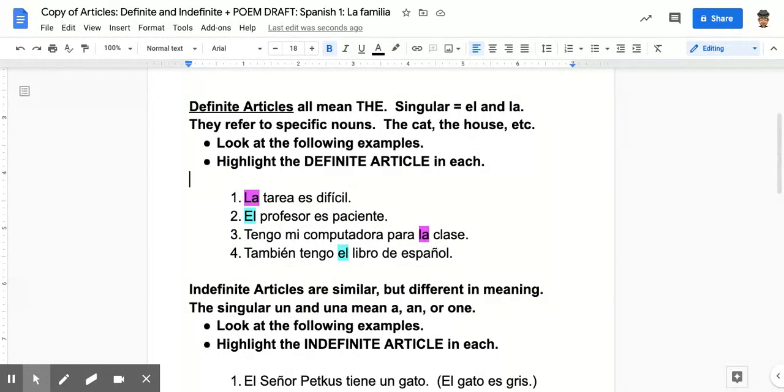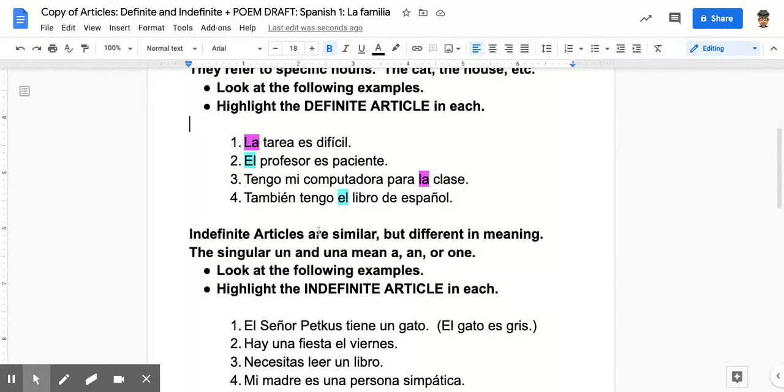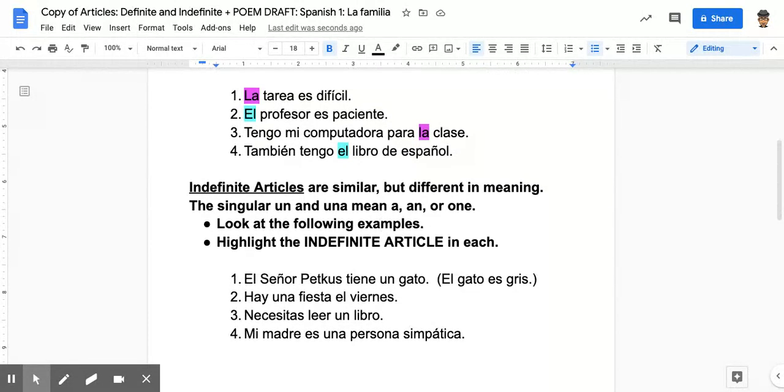If we move to indefinite articles, we see that they are similar but different in meaning. Un and una, the singular indefinite articles, mean a, an, or one. Same exercise here. Look at the following examples.